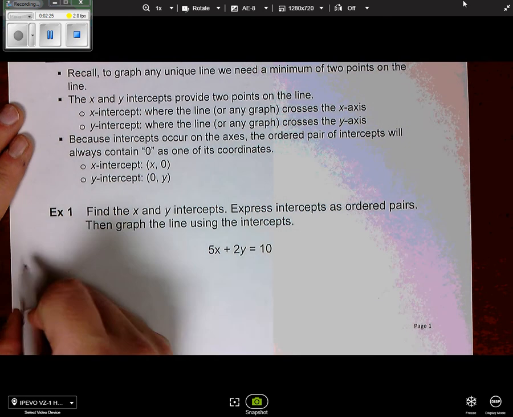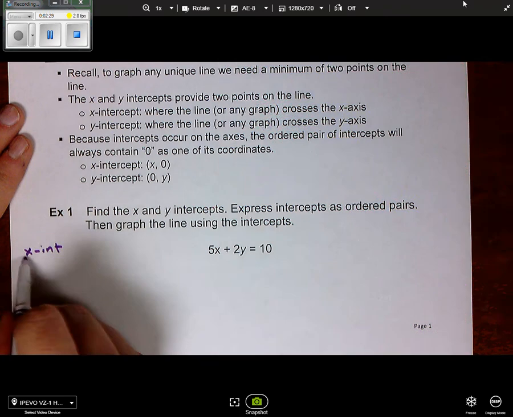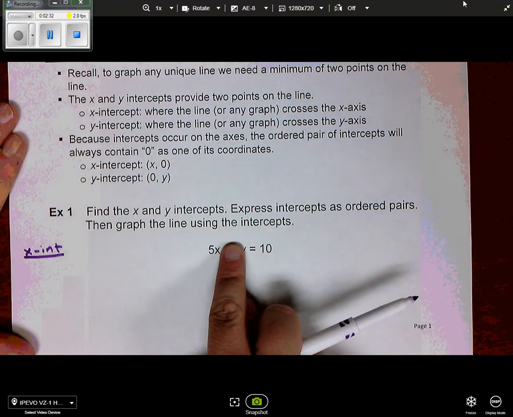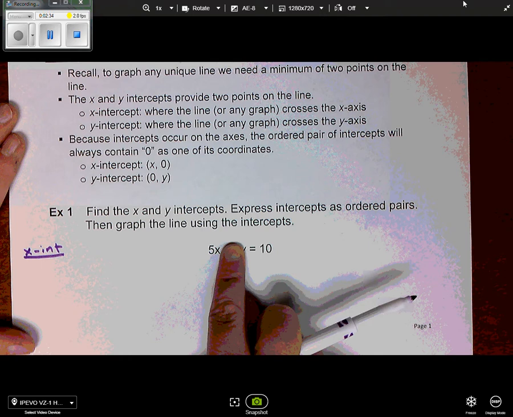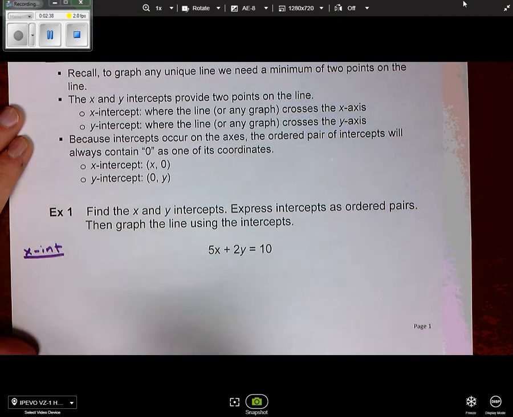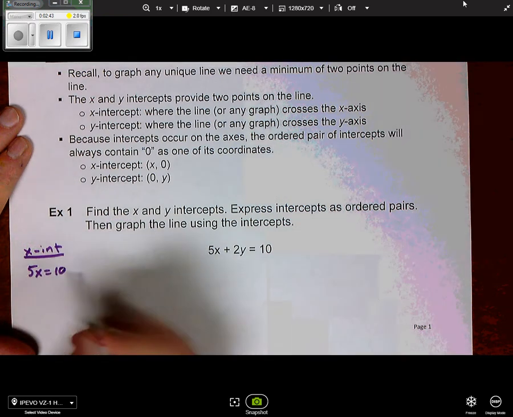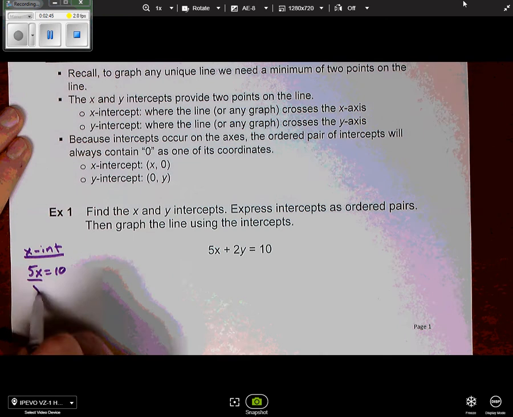Okay, so let's do it. If I want to find my intercepts, let's start with the x-intercept. We'll go in alphabetical order. Why not? I basically ignore y. I cover up y, pretend it's not there, and the equation that's resulting, this 5x equals 10, is what I need to solve to find my x-intercept. You guys have already shown me you're pros at solving equations.